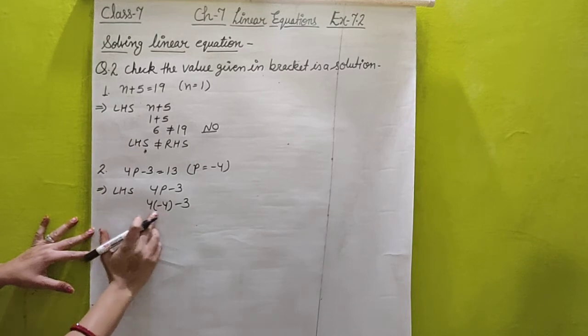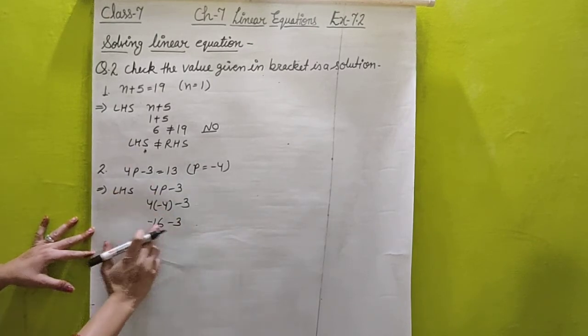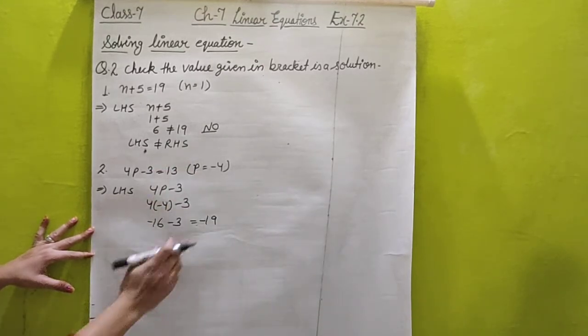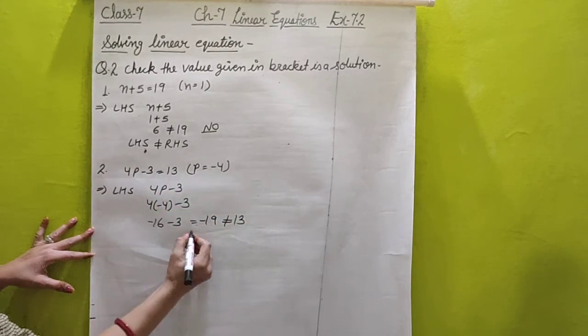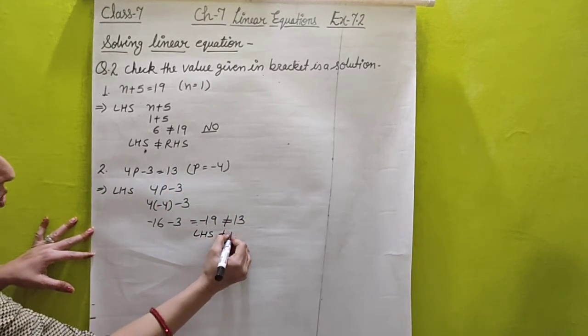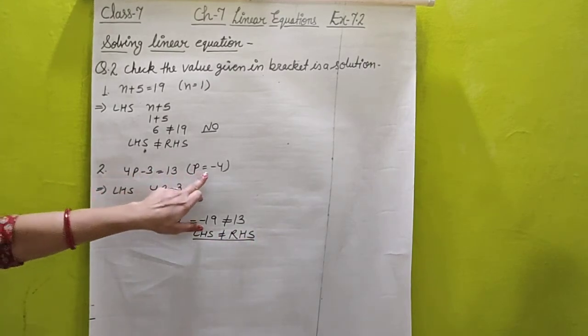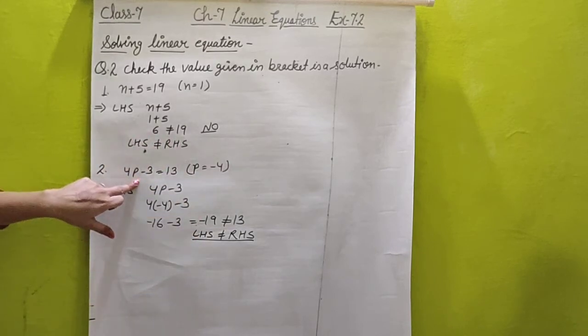Minus 4. 4 fours are 16 and minus 3. Minus minus plus means minus 19. Minus 19 is not equal to this 13. It means LHS part is not equal to RHS part. It means p is equal to minus 4 is not a solution of the given equation.